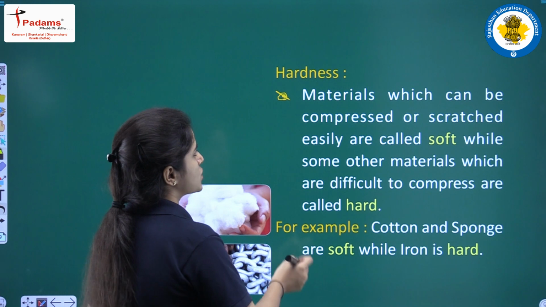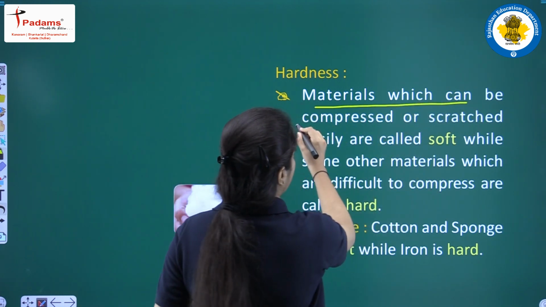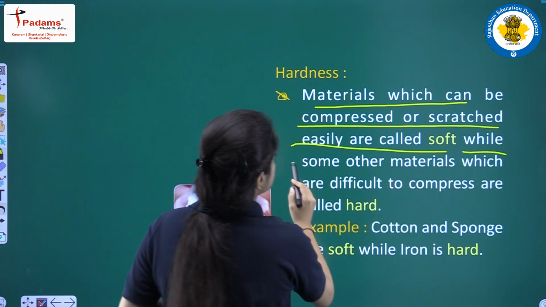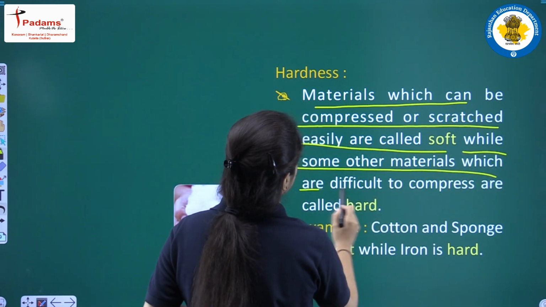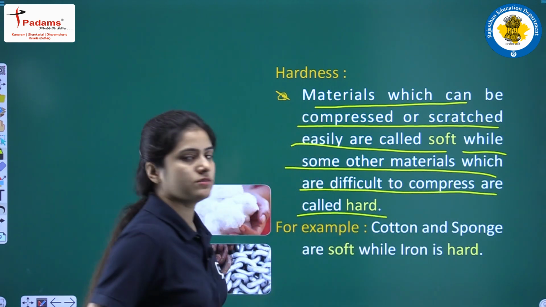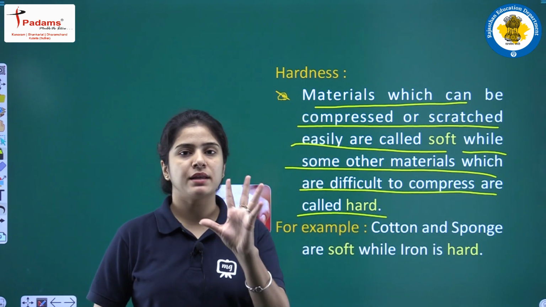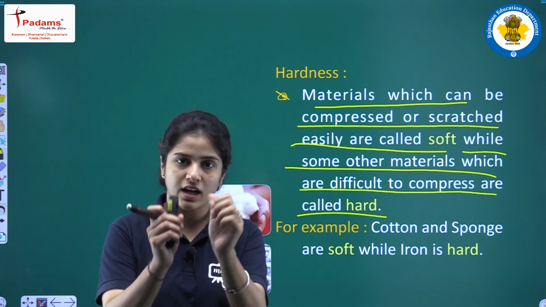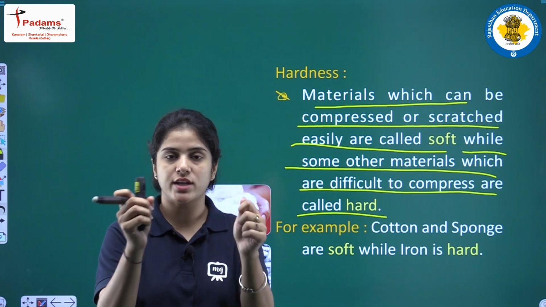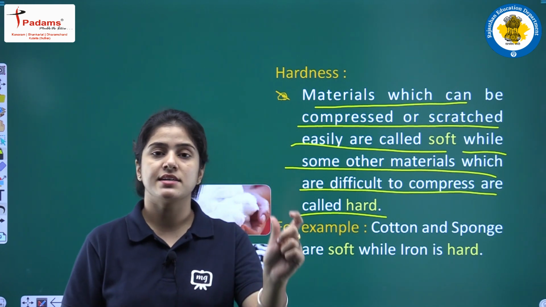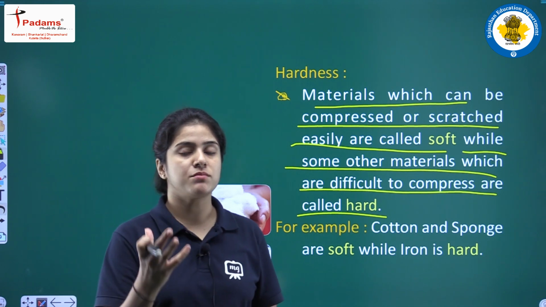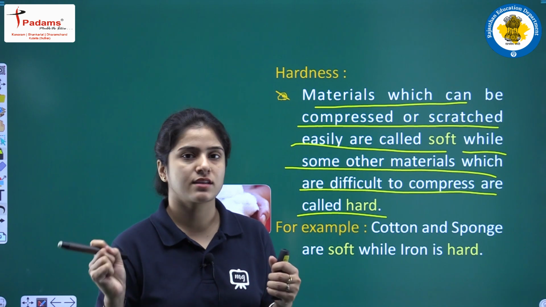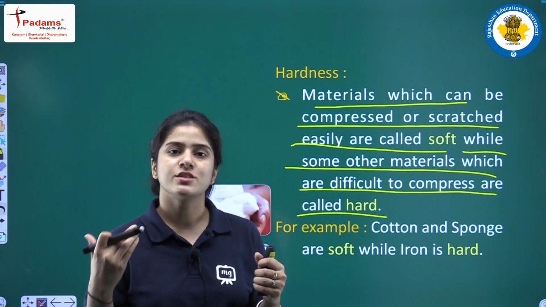Alright students. So materials which can be compressed or stretched easily are called soft, while some other materials which are difficult to compress are called hard. For example, an iron nail can't be compressed, it can't be stretched further. So that iron nail is a hard object, whereas a cotton ball in my hand can be compressed and stretched, so it is a soft object.